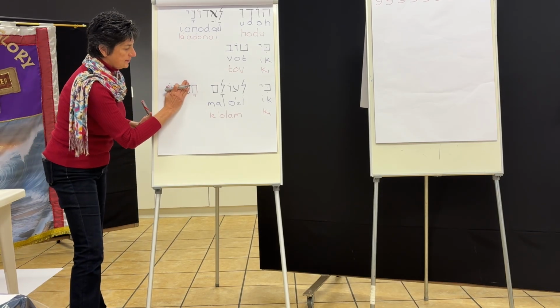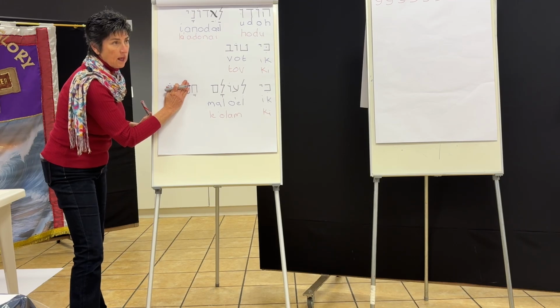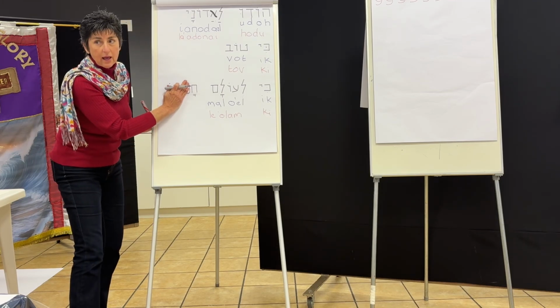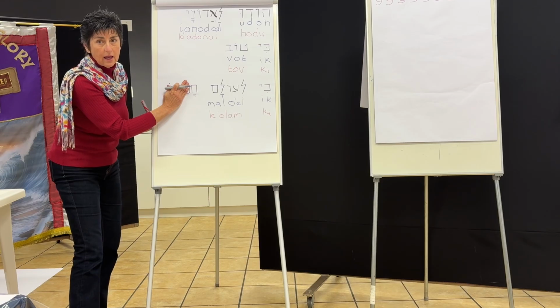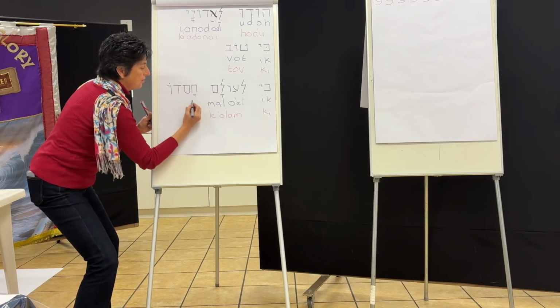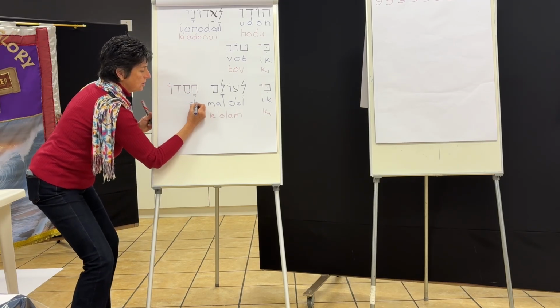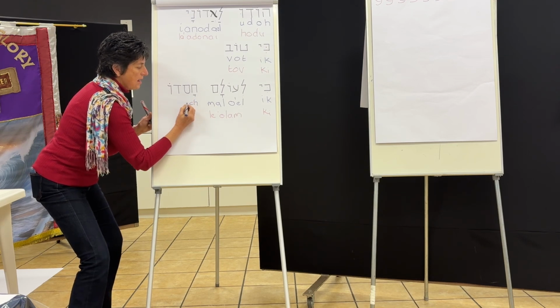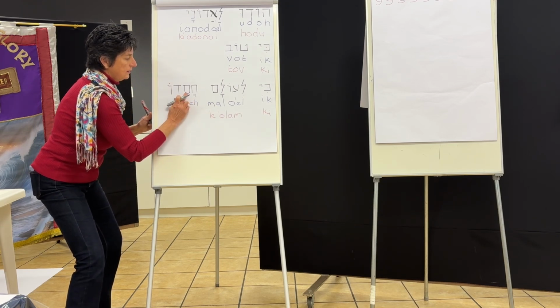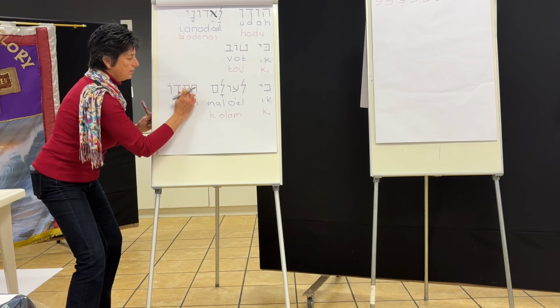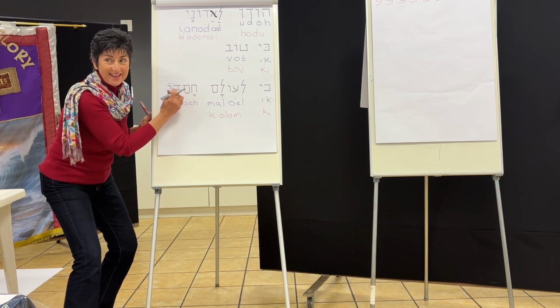What letter is that? Chet, a chet, so C-H, A. This is that one with the hanging. Is your little harp?